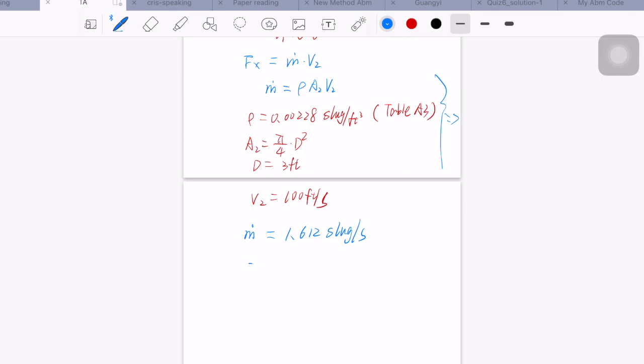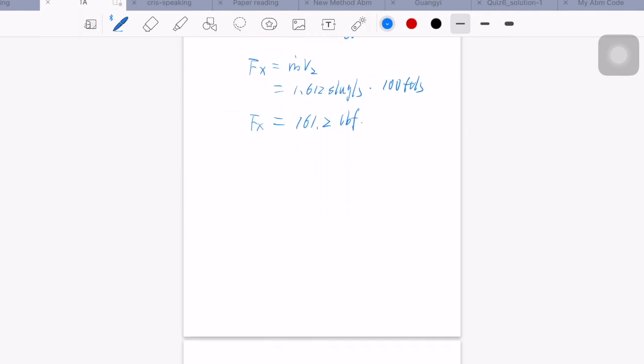And then we can determine that the Fx equals m dot times v2, and it equals 1.612 slug per second times 100 feet per second. So we can determine that the Fx should be equal to 161.2 pound-force.